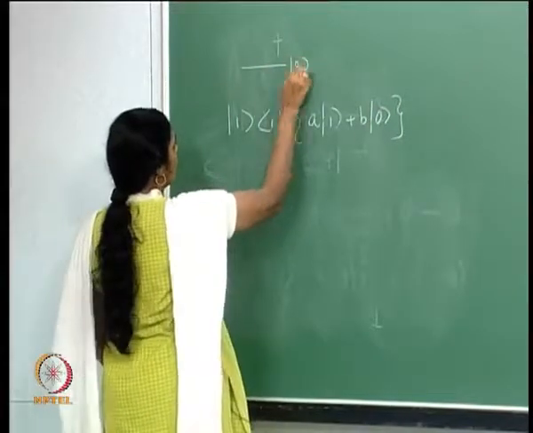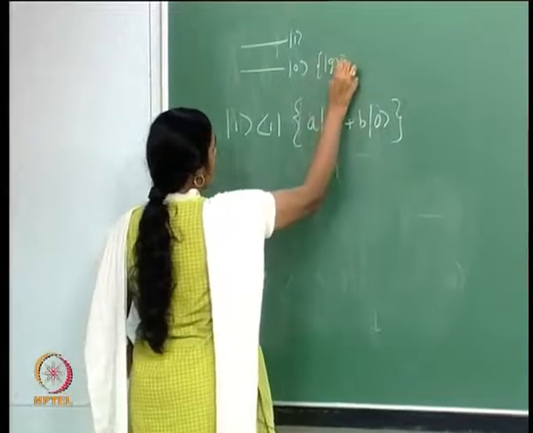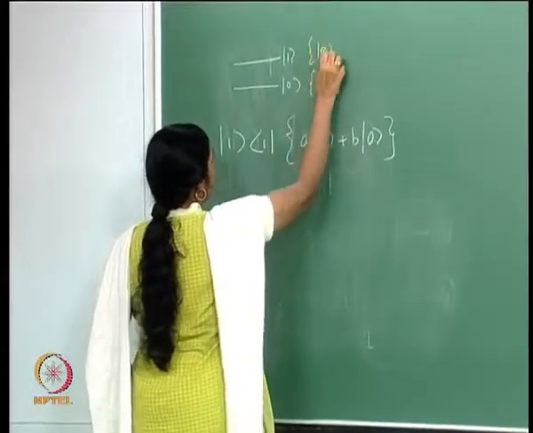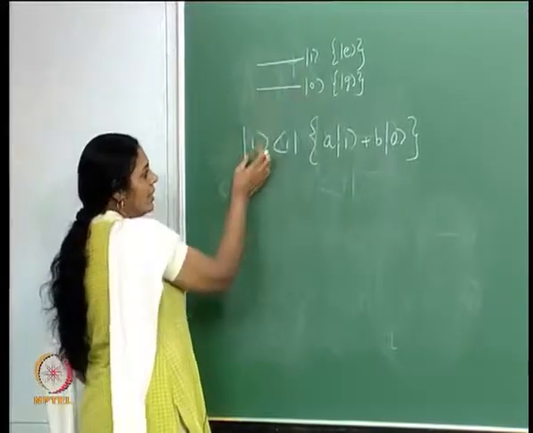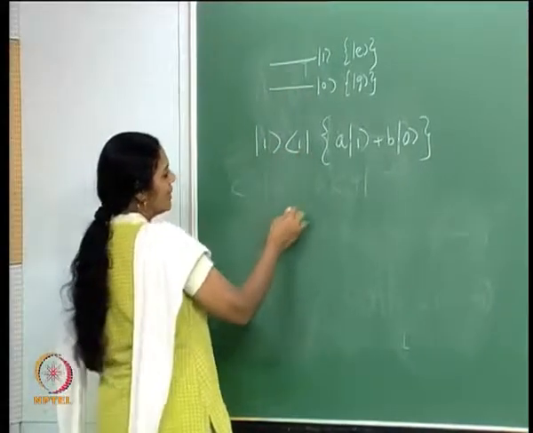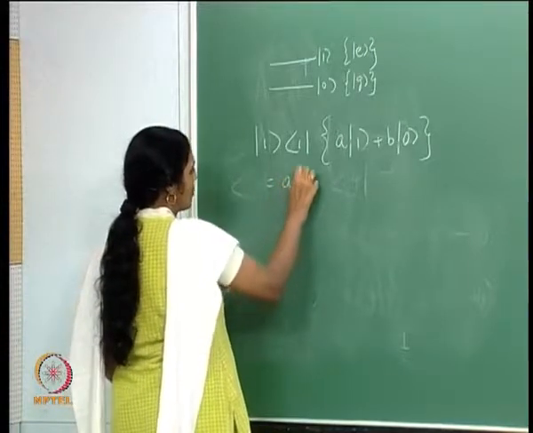So these are the 2 levels 0 and 1. If you wish, you can call this G and you can call this E. So by |1><1| in this notation I mean |E><E|, that projection operator certainly gives you A times ket 1.